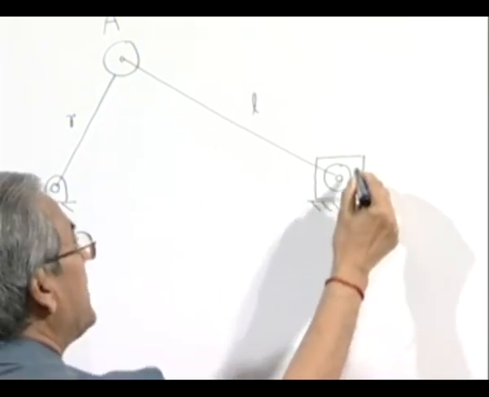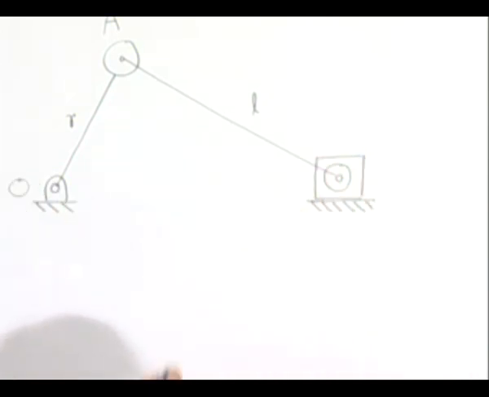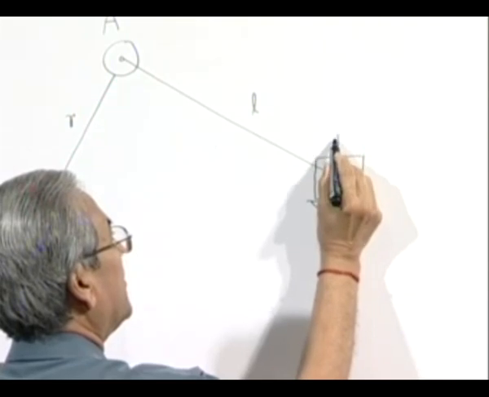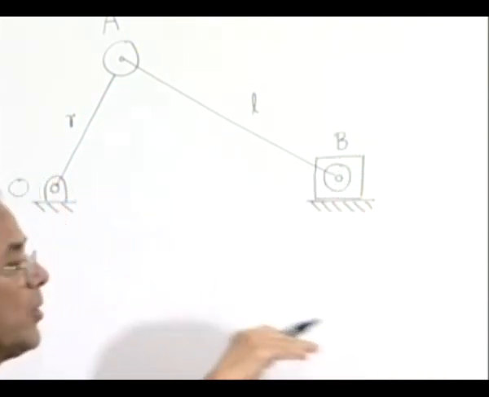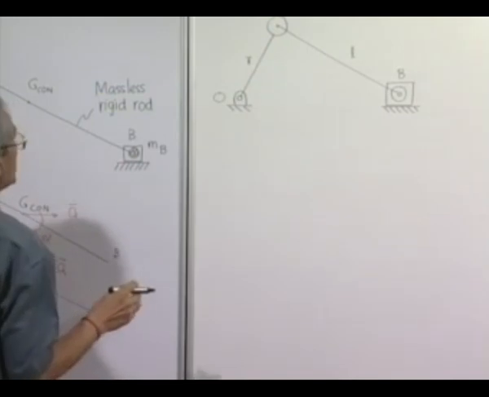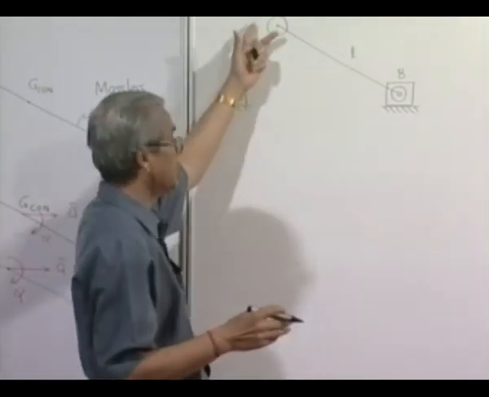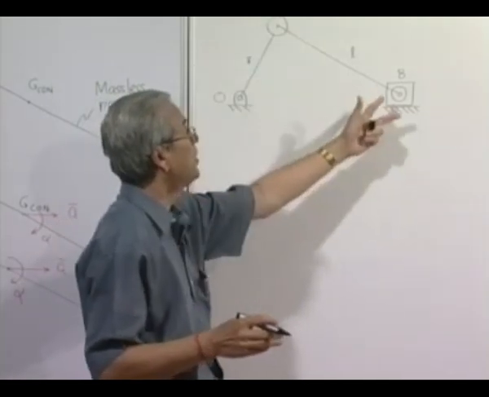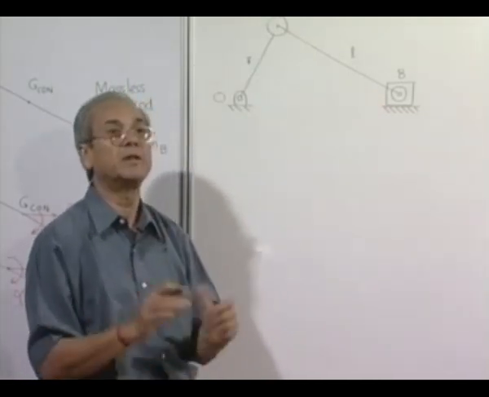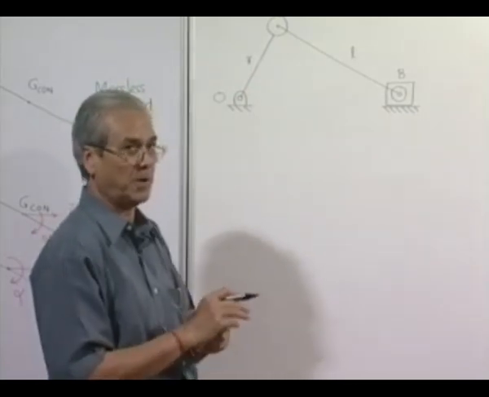Then there is another mass here, which is the original slider and the apportioned mass of the connecting rod at location B. So this becomes a purely reciprocating mass. So the original system is now replaced by a system composed of a purely rotating object and a purely reciprocating object, which is definitely much simpler, and we will now attempt to handle this problem.